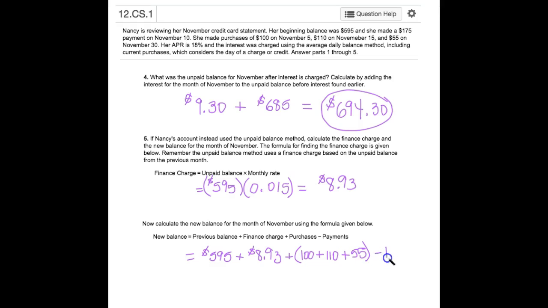And then we want to subtract the payment that she made of $175. And our new balance for the month of November using this unpaid balance method is $693.93. Okay, it's supposed to be a 9. And so that would be, you actually enter 2 things for part 5 there, the finance charge and the grand total.